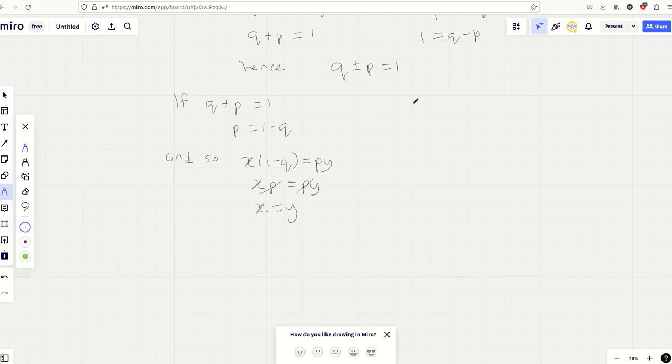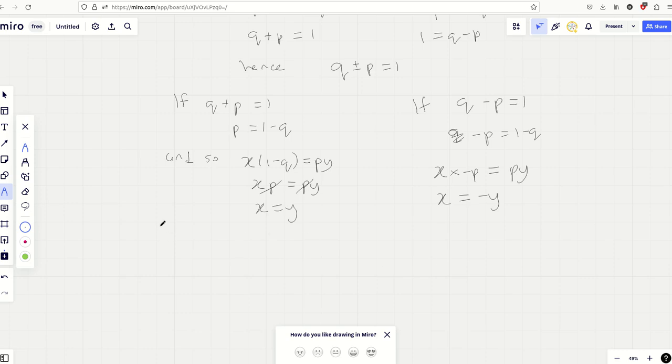And it's not going to come as much of a surprise that when you have it the other way round, q minus p equals 1, then you're going to have 1 minus p is... sorry, q minus 1 is p, and so using this same equation here, we'll have x times minus p equals py, and so x equals minus y in this case.